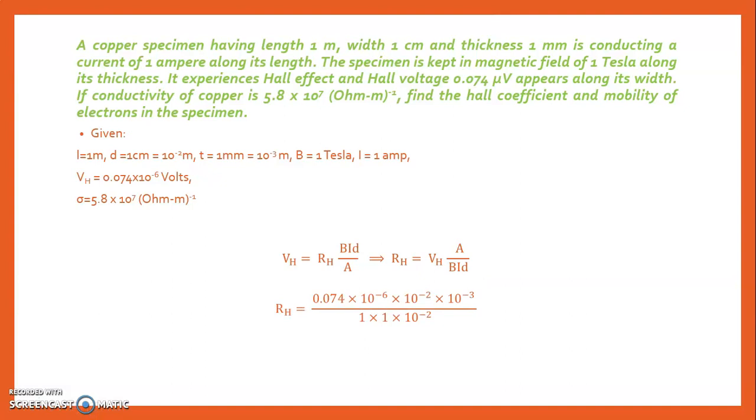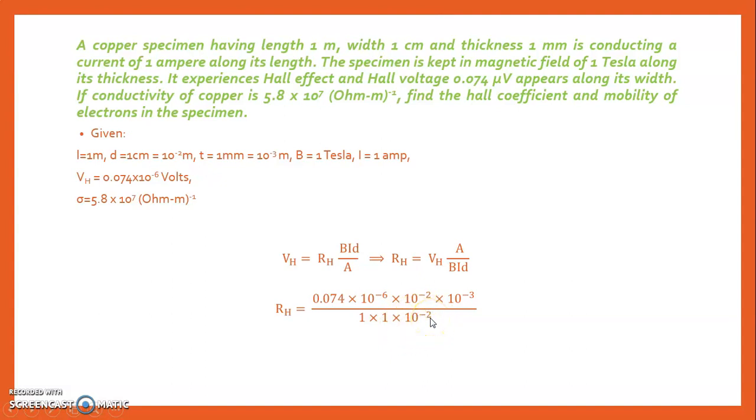So the Hall coefficient will be 0.074 into 10 raised to minus 6 into 10 raised to minus 2. This is the value of width and this is the value of thickness, 10 raised to minus 3, upon B, which is 1 Tesla, then current is 1 ampere, and the width is 1 centimeter.